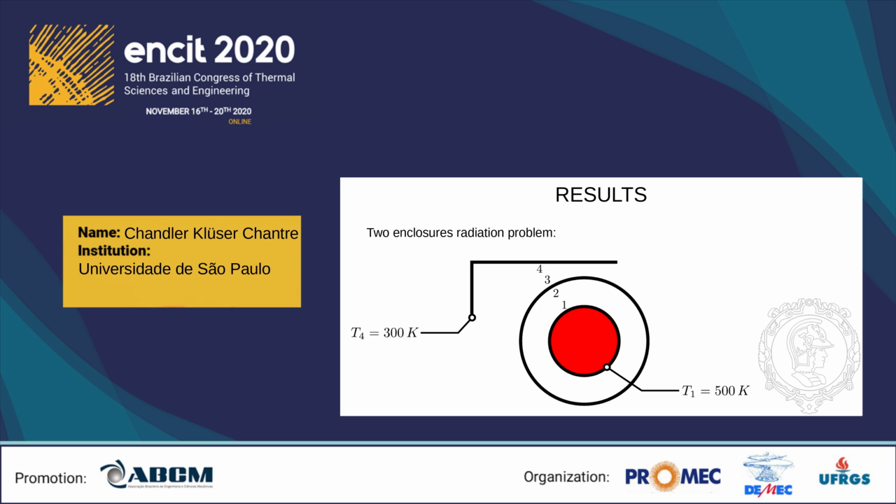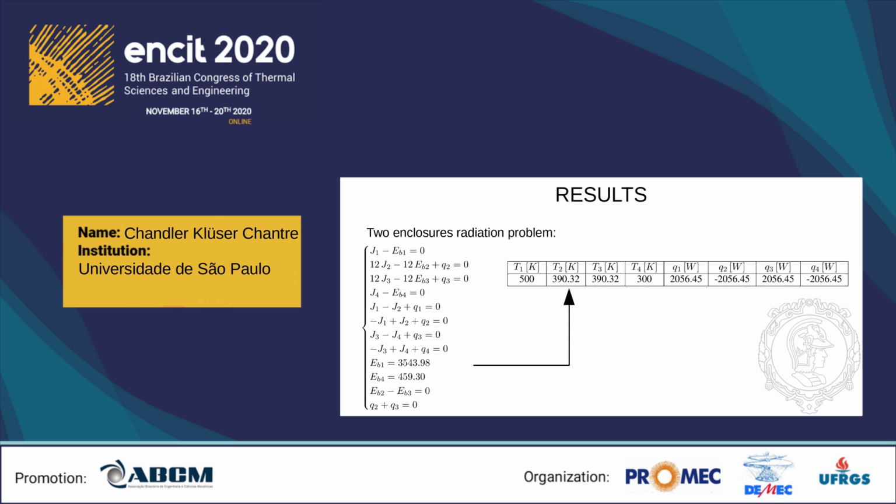This problem is a long duct with hot oil inside, which keeps the inner surface at a temperature of 500 kelvins. There is an intermediate surface that separates the oil duct from the neighborhood, and the neighborhood is at a temperature of 300 kelvins. The proposed method gives the linear system on this slide.